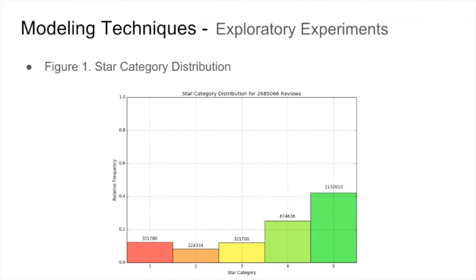As Figure 1 shows, the review distribution of this dataset is heavily skewed to the 4 and 5 star categories, which consist of around 67% of the total reviews, while star categories 1, 2, or 3 only consist of 10% to 15% of total reviews. Star category 2 consists of the least number of reviews.